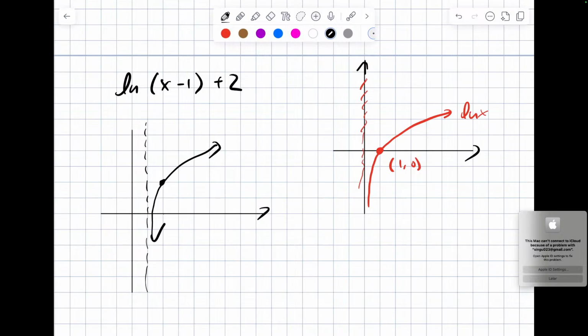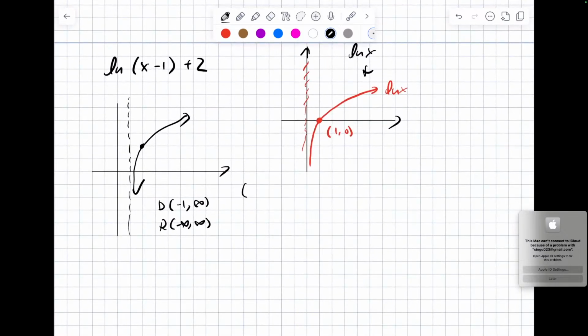This is the natural log of x, so you don't use that as a reference, you move it accordingly. Inside the parenthesis, move to the right 1 and go up 2. The domain of this function is going to be from -1 to infinity. The range is going to be from -infinity to infinity. That's the domain. You guys kind of remember now?